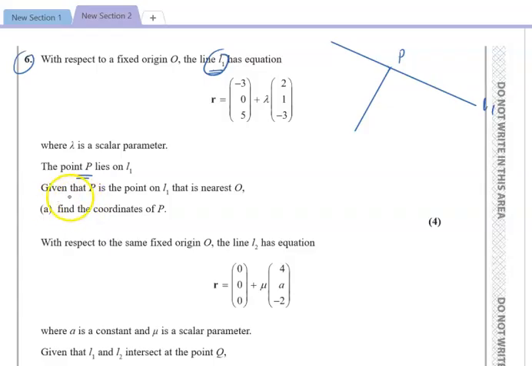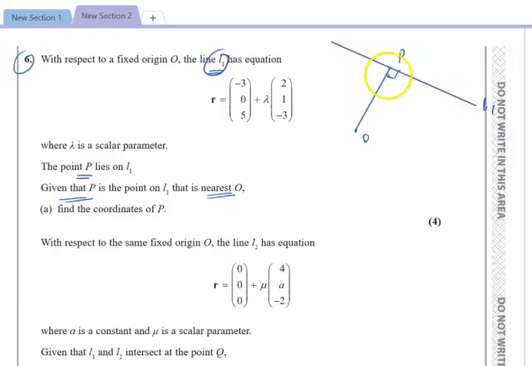And the point P is such that, they said, given that this point P is the closest from the origin, is the nearest from the origin. If the origin is here, this is my origin. And if point P is closest to the origin, it means that the line connecting the vector OP and the line are perpendicular.